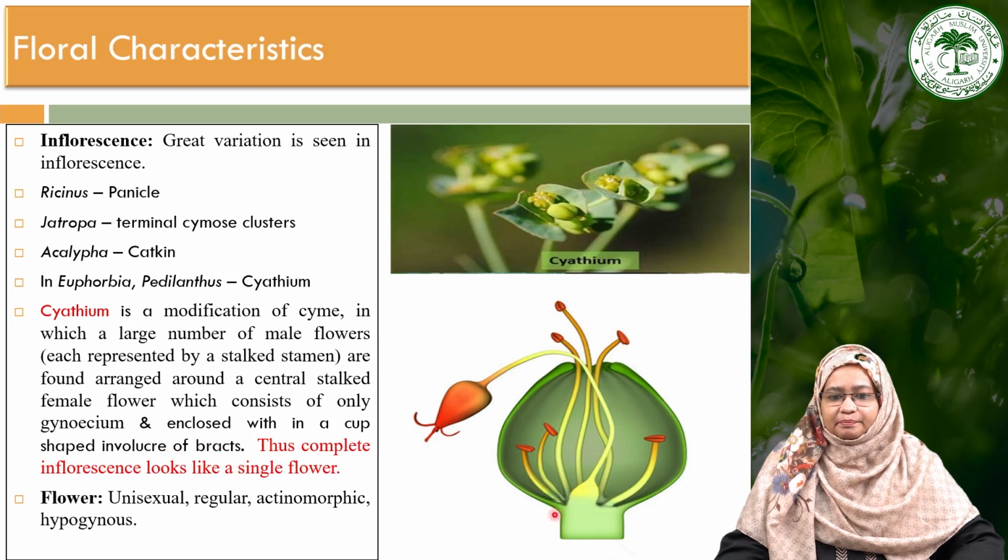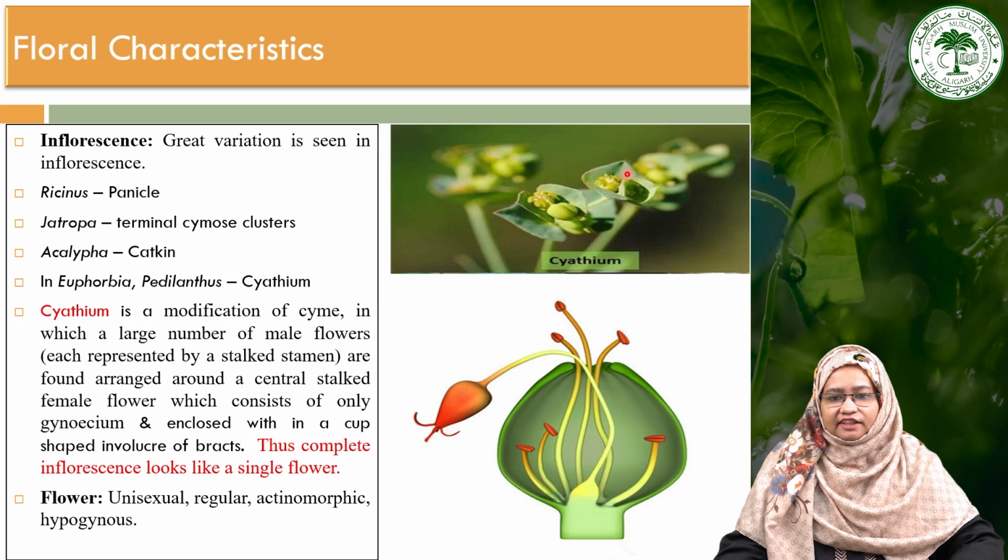This is the involucre bract, in which a single female flower, you can see here, this is the pedicel of the flower, and this is the female inflorescence. This female flower is surrounded by a number of male flowers, you can see here.